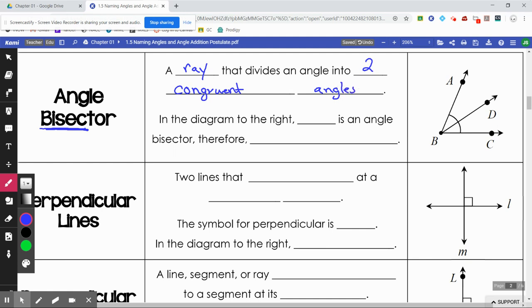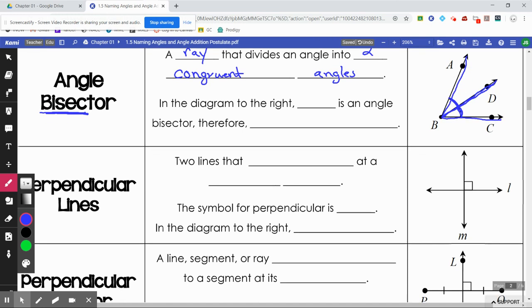Right here, BD slices this into an angle here and an angle here that are congruent. It is called an angle bisector. Why? Because it bisects this big angle. It cuts this big angle into two equal pieces. That's very important. The pieces have to be congruent.